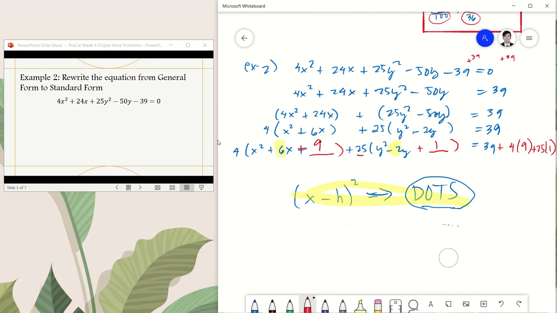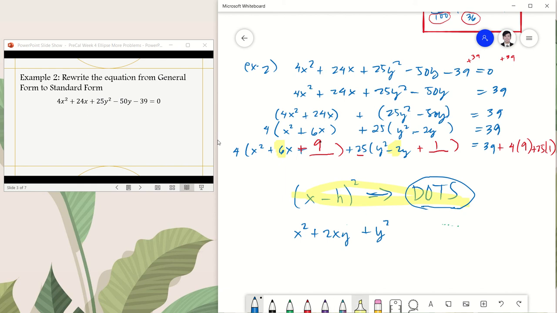So, ayun. So, we're able to rewrite the following wherein it's already factorable by dots. So how do we know if it's factorable by dots? So remember, grade 8 again, this is x squared plus 2xy plus y squared. Okay?